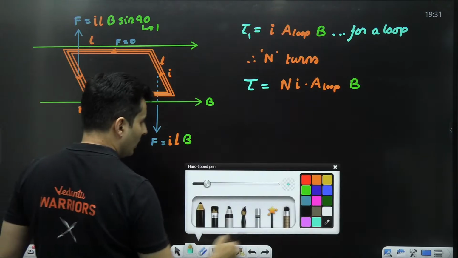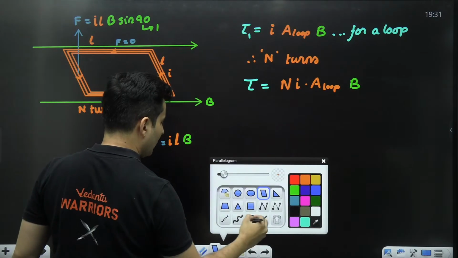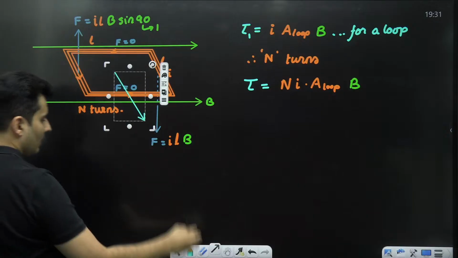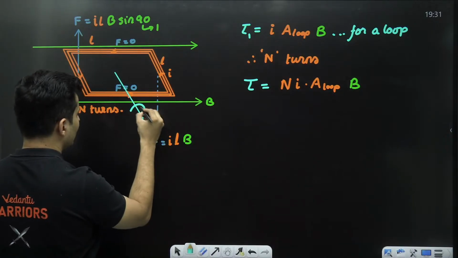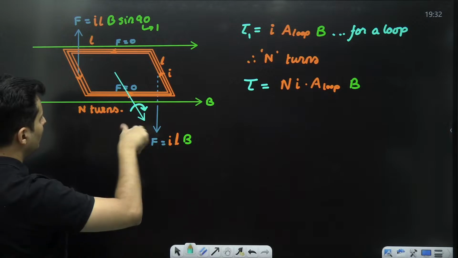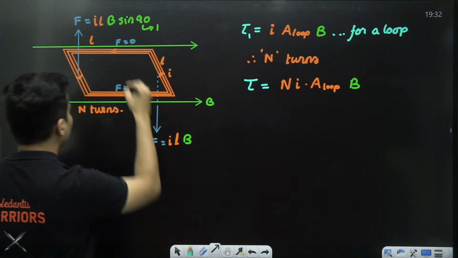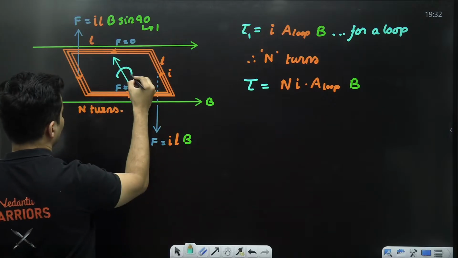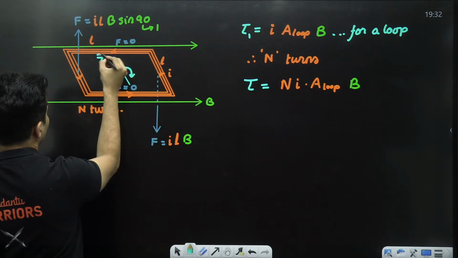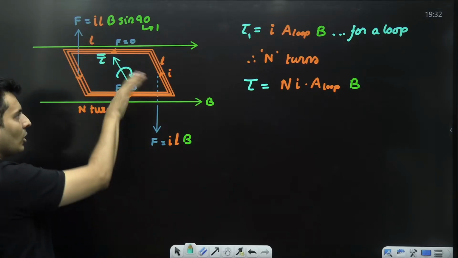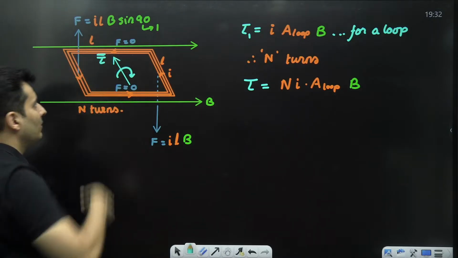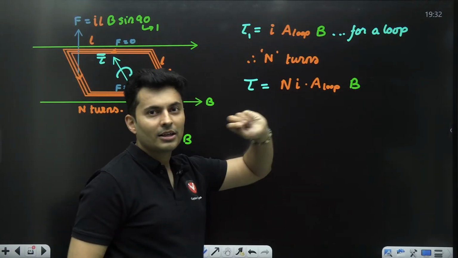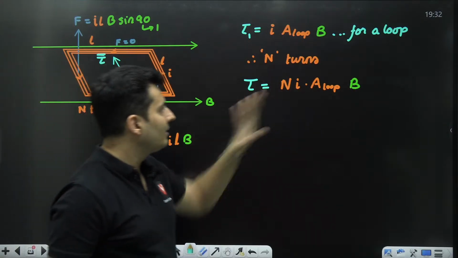That means the torque vector itself will be like this, because it was clockwise means it will go that way, my bad. So the torque vector was this way. The torque clockwise, so it will go inside the plane of the board. But the magnetic field is here, so 100% it is not parallel. So maybe there is some other relationship over here.